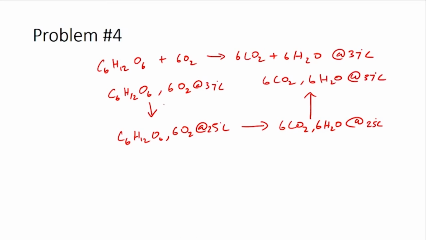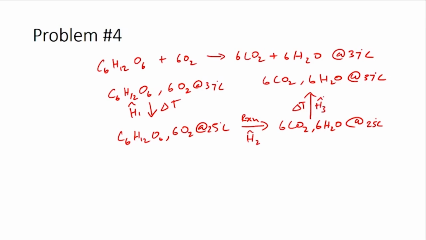Now, the first step is only temperature changing, the second step is the reaction, the third step is again only temperature changing. So, we can calculate the change in enthalpy for the first step, let us call that H1 cap, this would be H2 cap and this would be H3 cap.